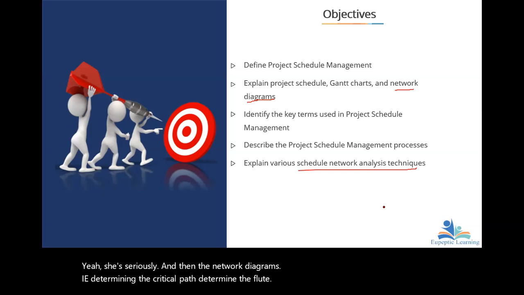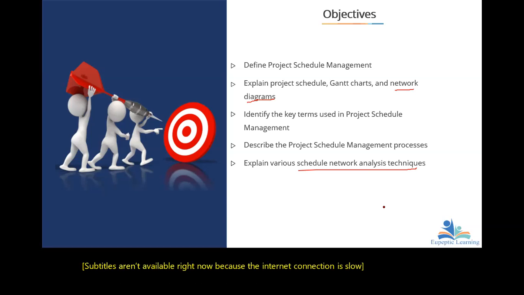We shall look at that, okay? Because if you're not fortunate and they ask you to determine the critical path, determine the float, you have to draw the network.